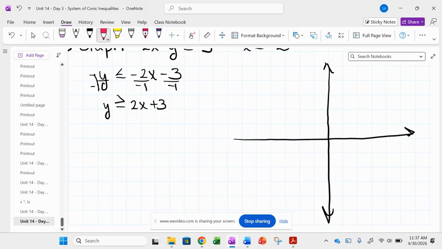Okay. So our y-intercept is negative 3. Our slope is 2 over 1. So up 2 to the right 1, then down 2 left 1. And then we're going down 2 left 1 again.